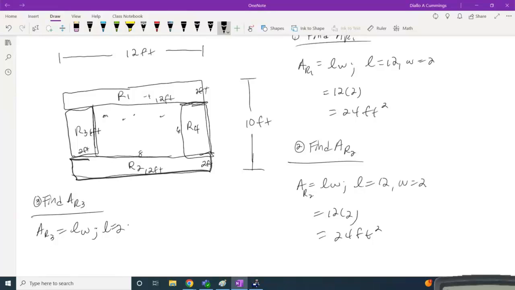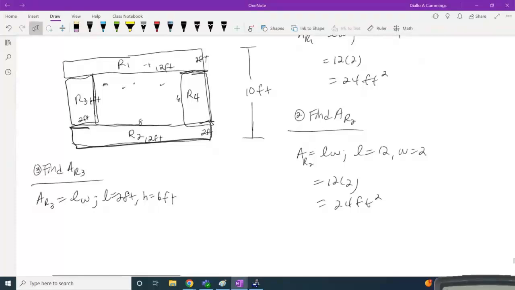So my length is equal to 2 feet and the height is equal to 6 feet, right? If I multiply 2 times 6, I get 12 square feet.